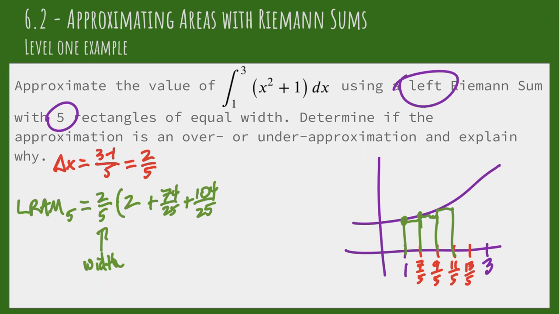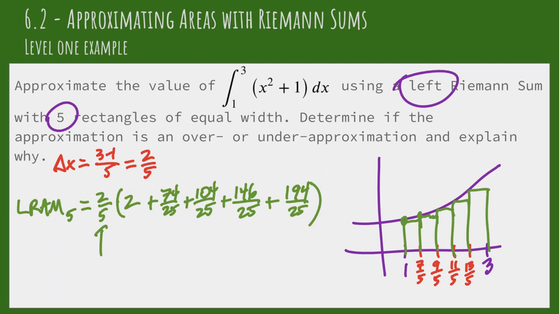Then we're going to have 11/5 squared is 121 over 25 plus 25 over 25 is 146 over 25. And then our last rectangle here, we're using the 13/5. So that's 169 over 25 plus 25 over 25 is 194 over 25.